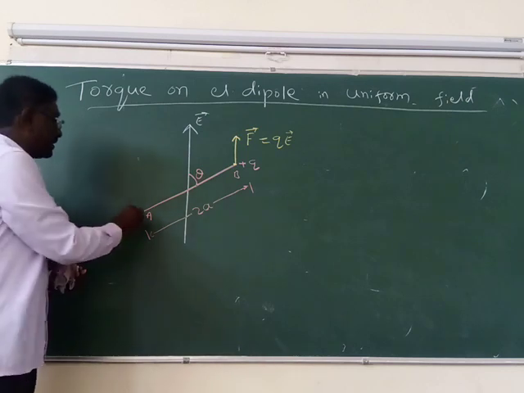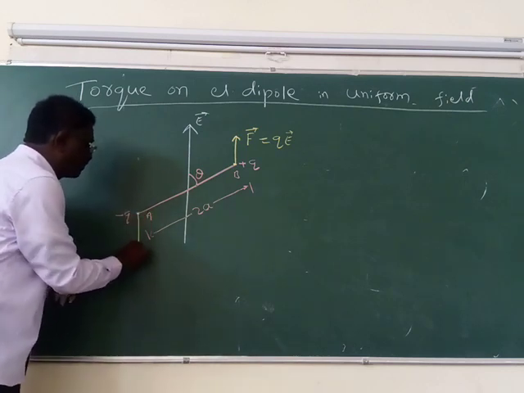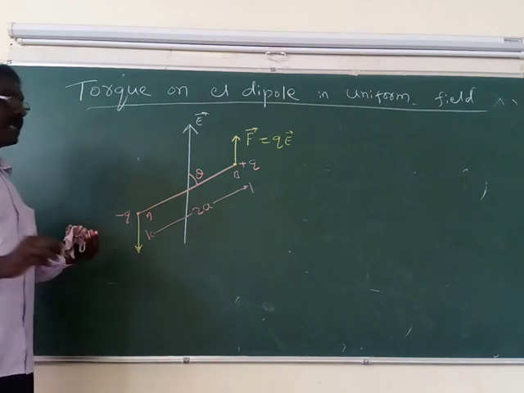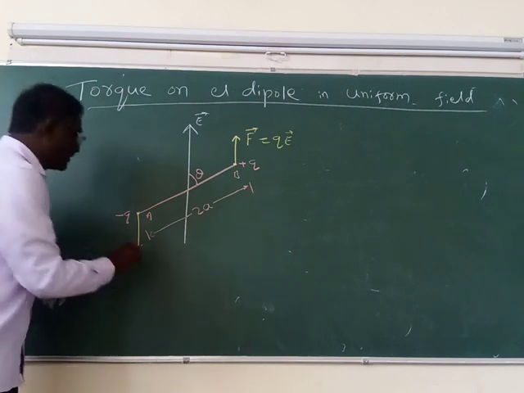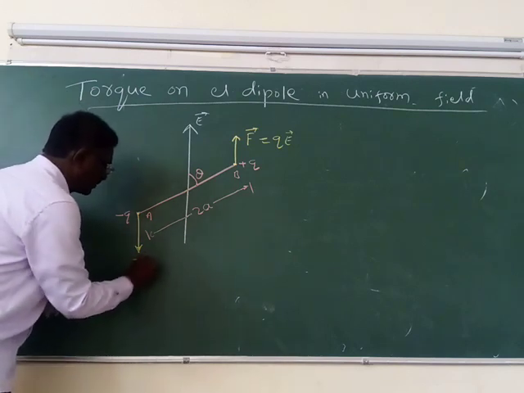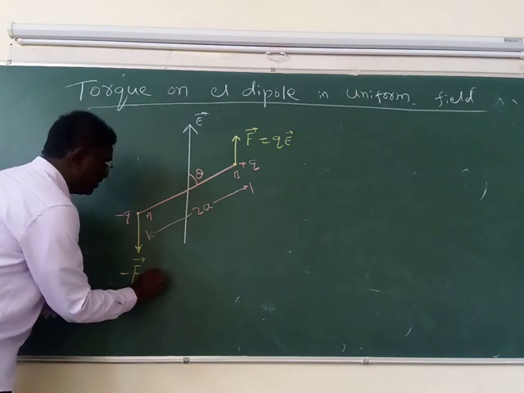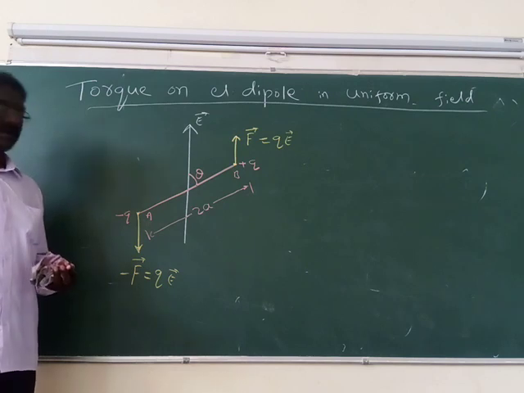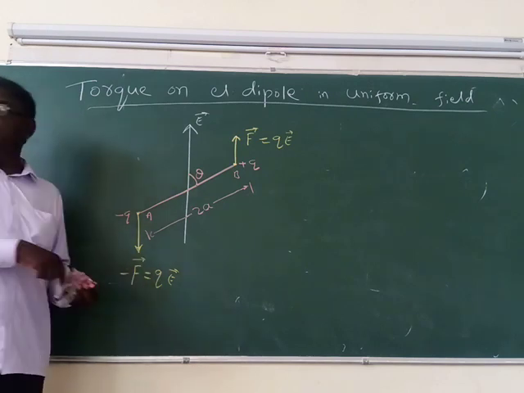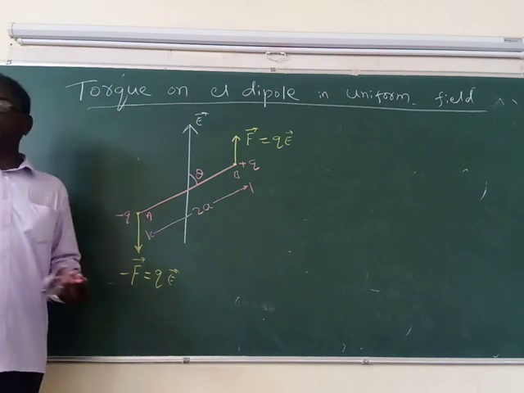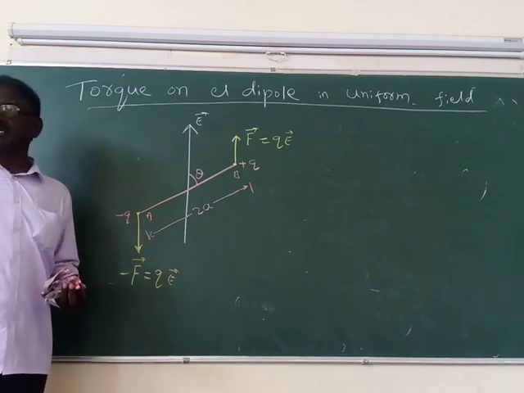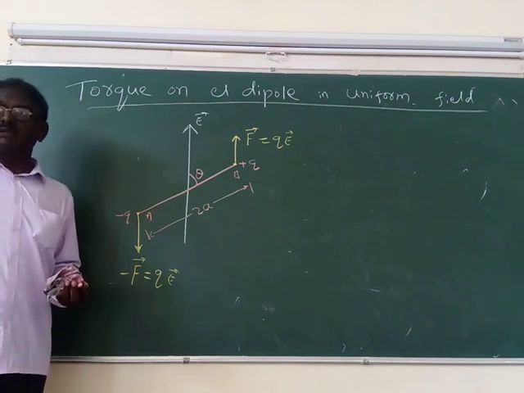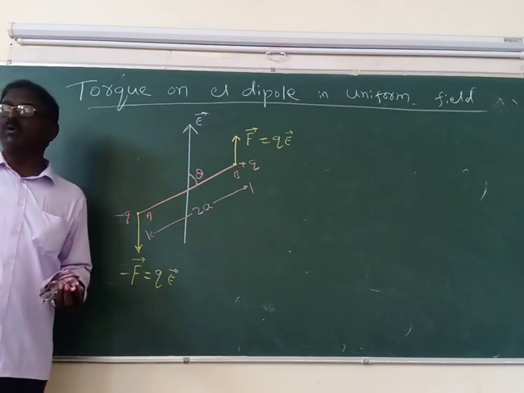Similarly, the negative charge at A, minus Q charge at A, experiences same amount of force, but in opposite direction. Because charge at A is negative, the direction of force experienced by negative charge is opposite to the direction along which force is experienced by positive charge.